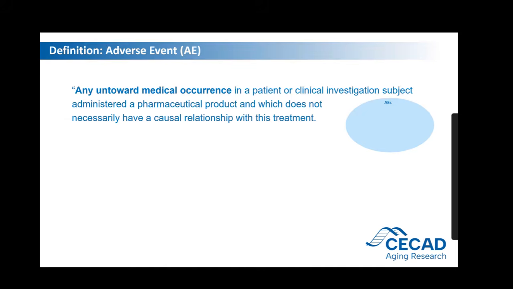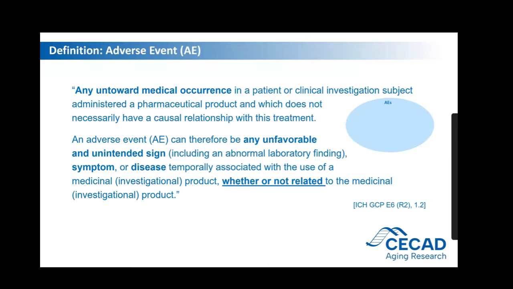And this is any untoward medical occurrence in a patient or clinical investigation subject administered a pharmaceutical product and which does not necessarily have a causal relationship with this treatment. So an adverse event is any unfavorable and unintended sign, symptom, or disease which is temporarily associated with the use of a medicinal product, whether or not related to the medicinal product.